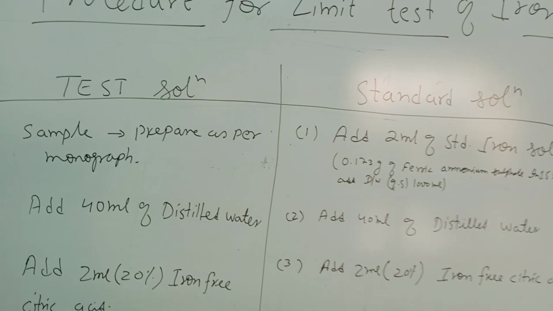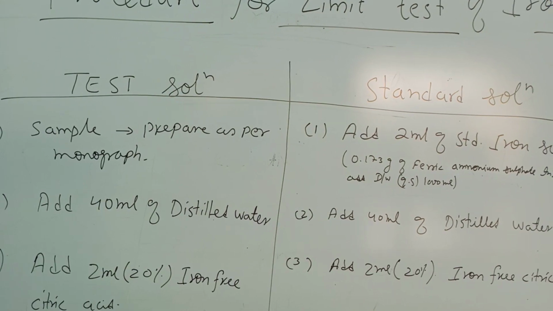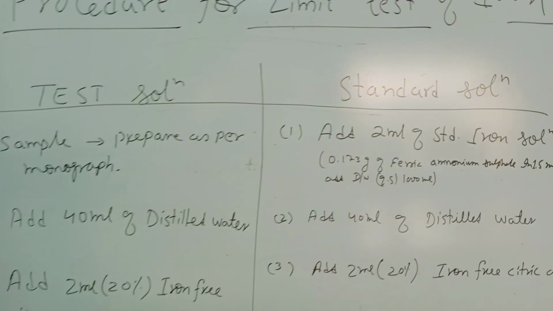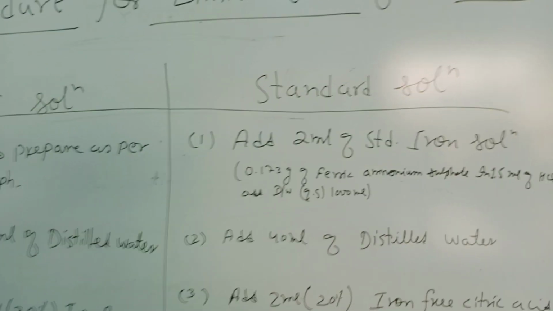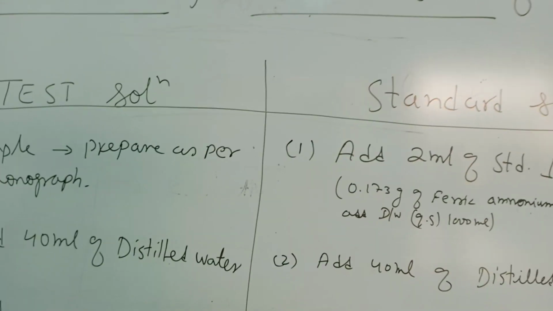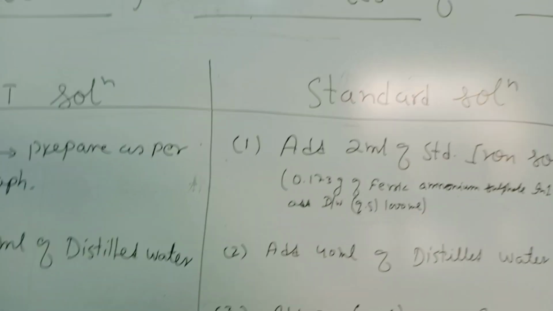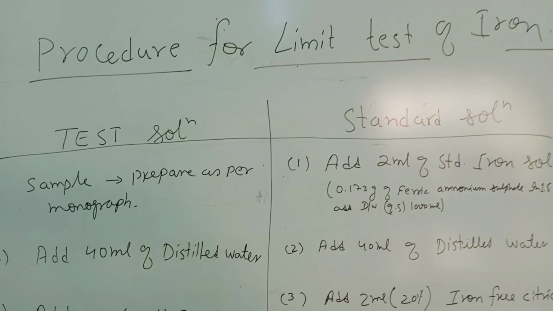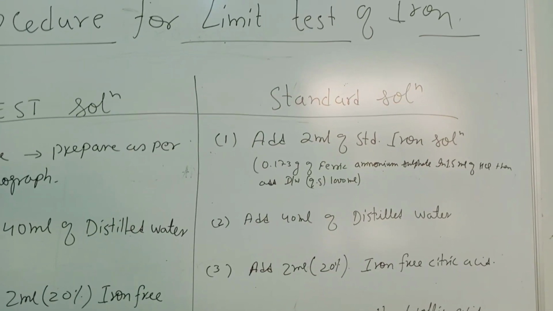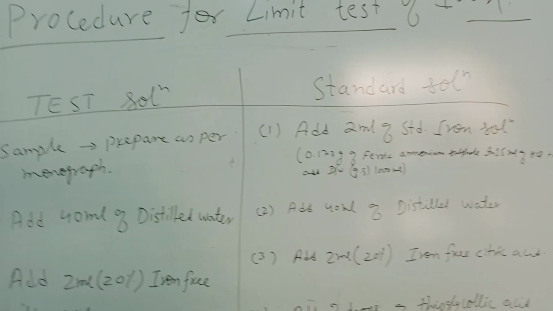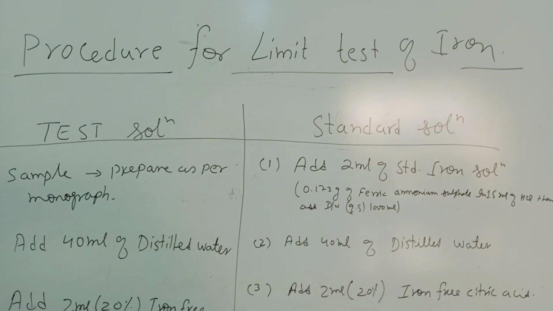In such a case, where the test solution has a greater intensity of color compared to the standard solution, the test solution or sample fails the limit test of iron. So this is how we prepare the test solution and the standard solution, as well as interpret the final outcome for the limit test of iron.